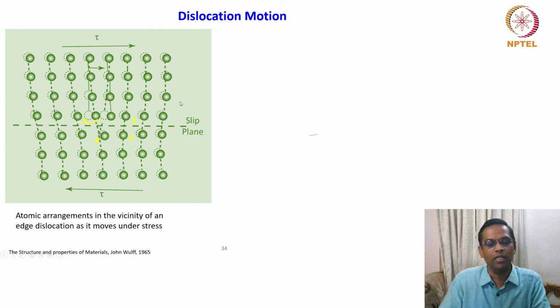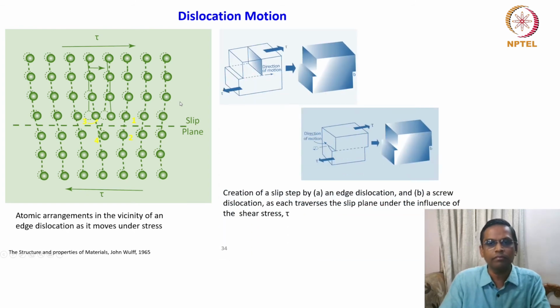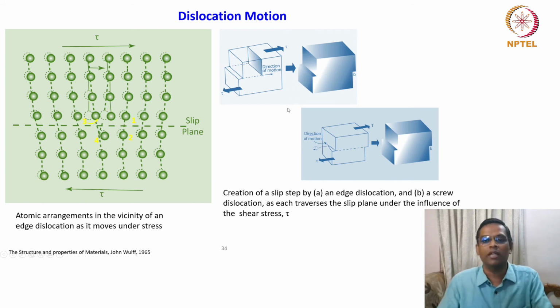That is how the dislocation moves. The other important point to keep in mind is the difference between the edge dislocation and the screw dislocation.